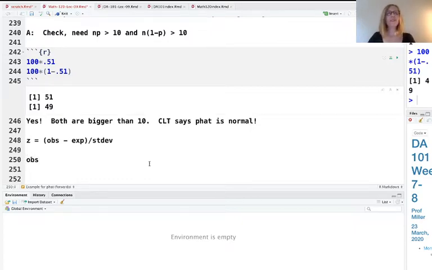Our observed sample proportion that we're talking about is p hat equals 0.5. That's the sample that we're thinking about in this problem. We're wondering what's the probability of getting a sample result that's at least that big. Our expected in this one is p, the population proportion, just like we saw up above. So that's p equals 0.51 because 51% of Denison students are female.